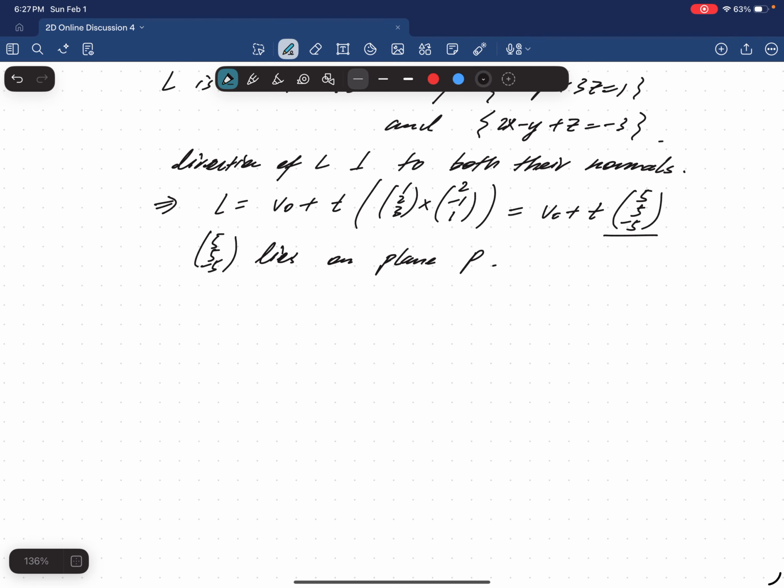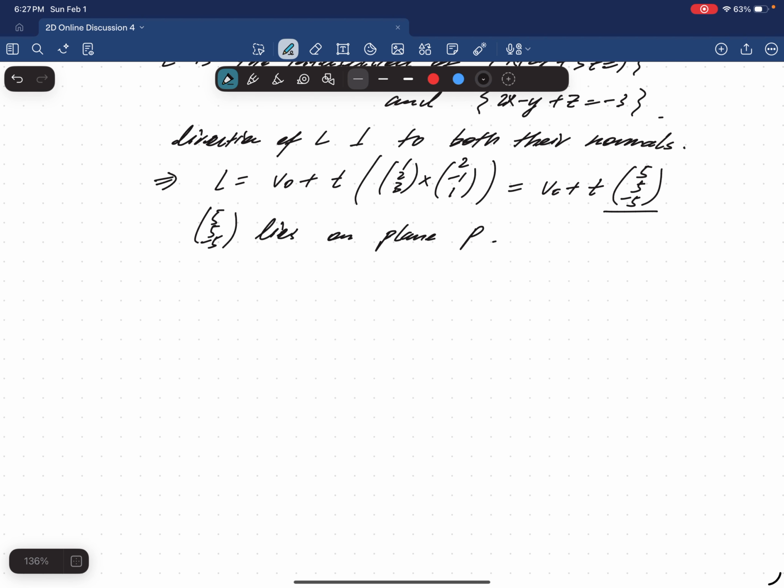So how can I find that? I just need two points on my plane P that are not on my line here, and I can just subtract these two points to get a vector that is going to be another independent direction for my plane P. So I need another point that is on P. How can I get that?